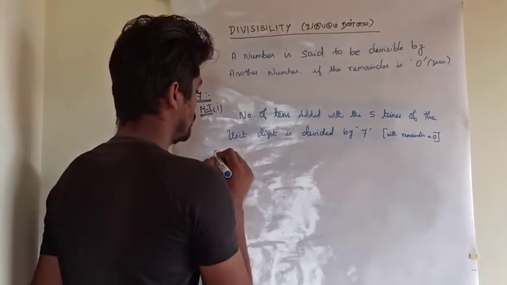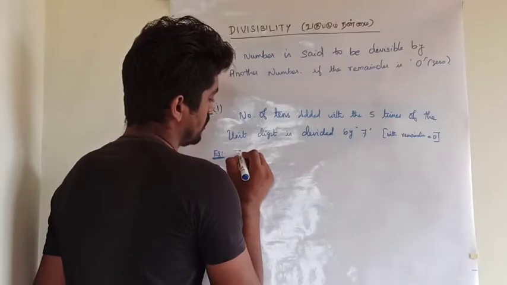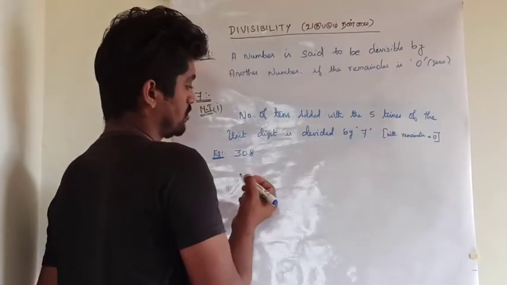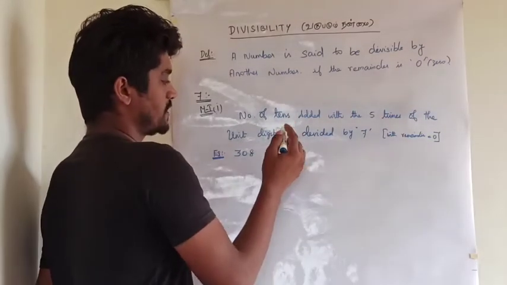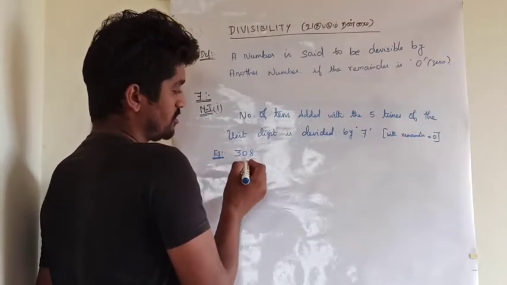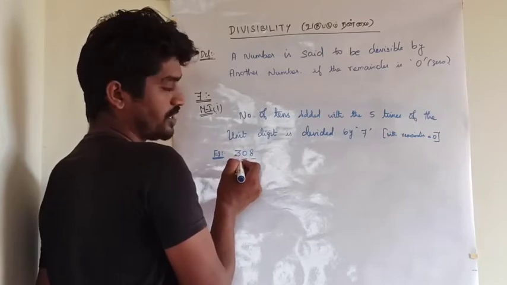For example, 308. In this rule, the number of tens is the complete left side, totally the tens term; this is the unit digit, this is the tens.